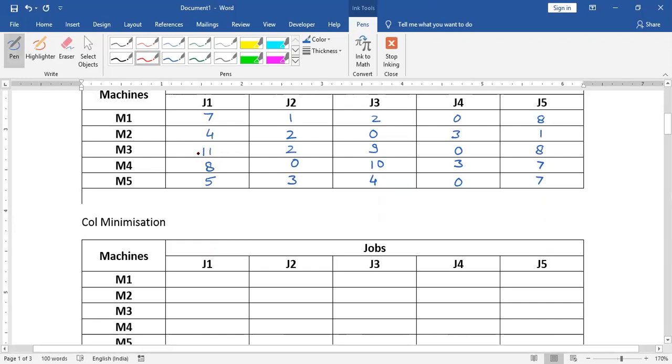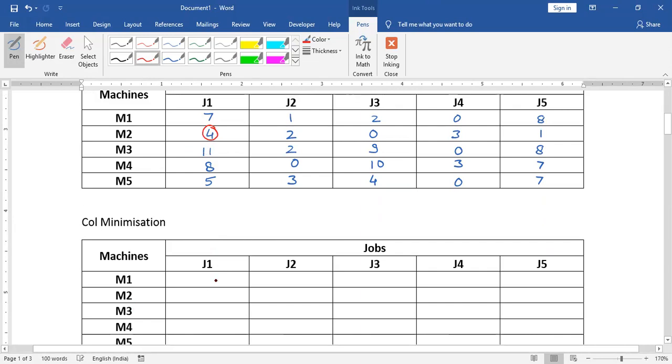Earlier we were working on rows, now we are working on columns. So in the first column, the minimum value is 4. So subtract 4 from the first column.